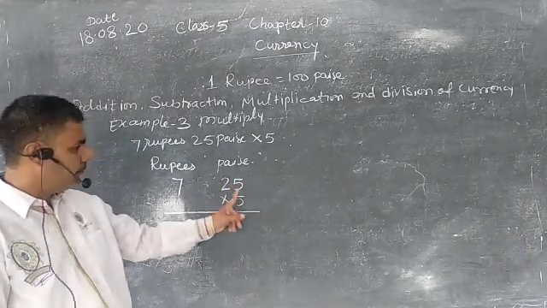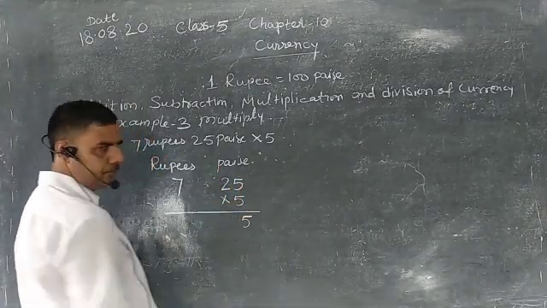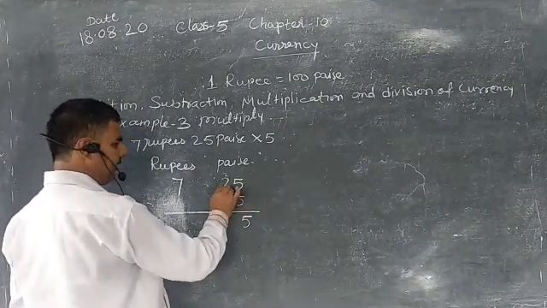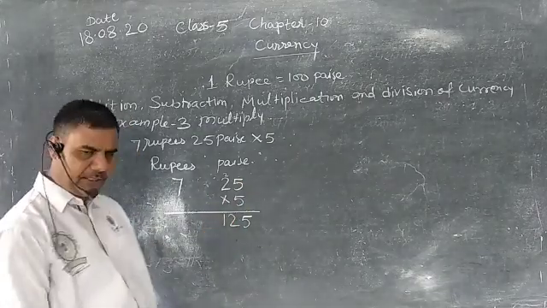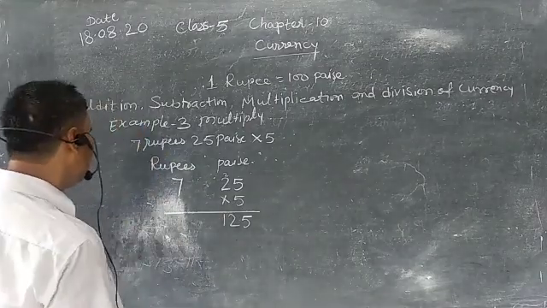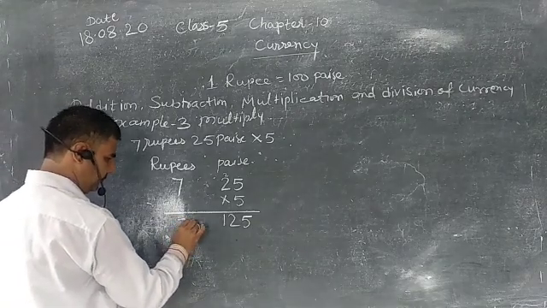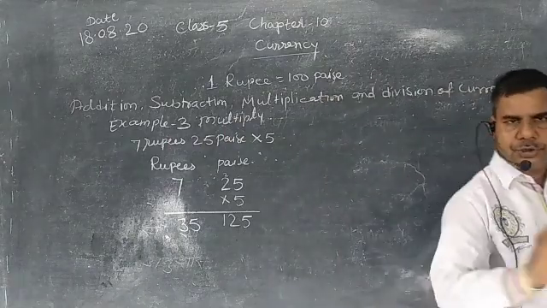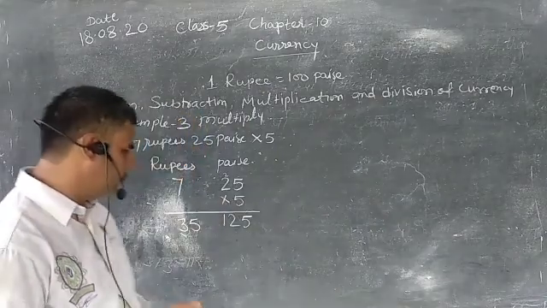Multiply in the paise column: 5 fives are 25. Carry 2. 5 twos are 10, and 2 is 12. Yes, in the paise column there are 125 paise, and in the rupees column 5 sevens are 35. Now we shall proceed with the previous method. How?